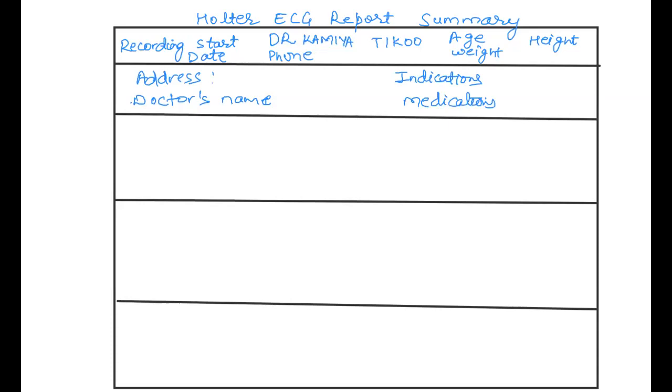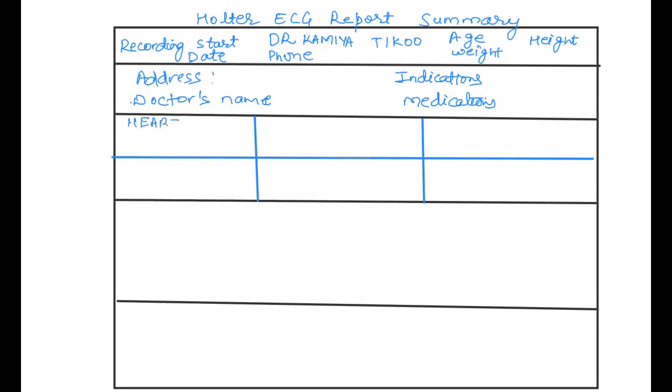Okay, now the main part of the report. This main part has 6 boxes. So we'll draw the 6 boxes like this. One division and another division. Okay, so like this, we have 6 boxes, and in these 6 boxes, what do we measure? Heart rate here. We measure ventricular ectopy here.